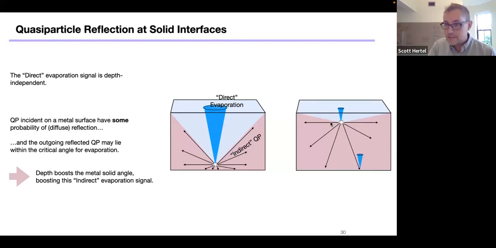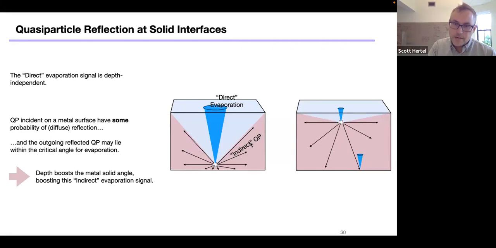At the top of the volume, you have something like a 2 pi solid angle. And at the bottom, it's greater than 2 pi. So these quasi-particles incident on the metal are somehow responsible for that increase in the evaporation signal.